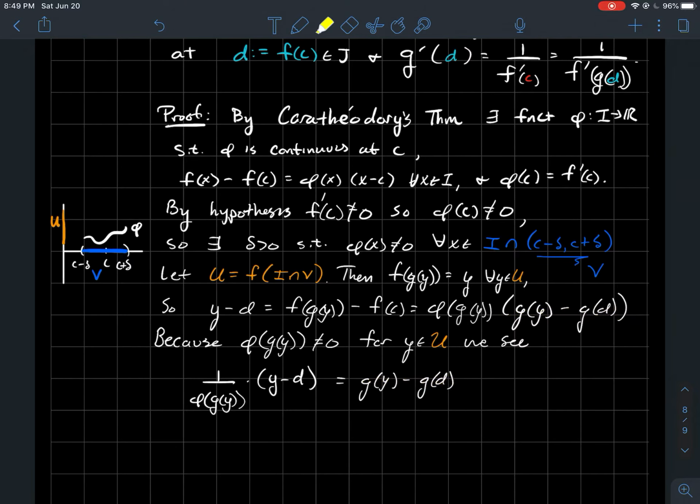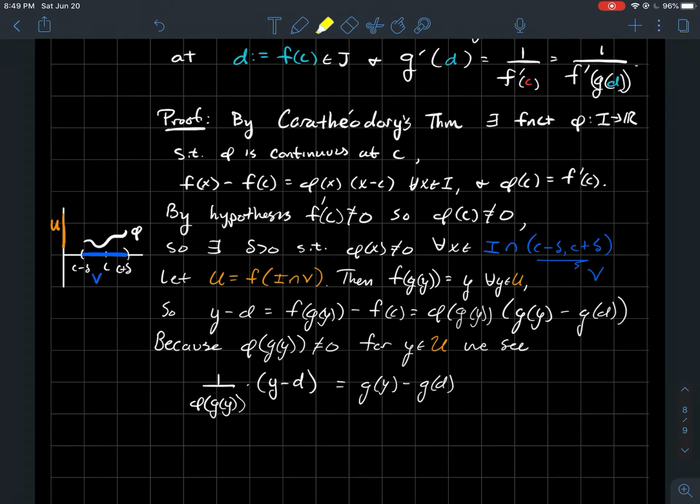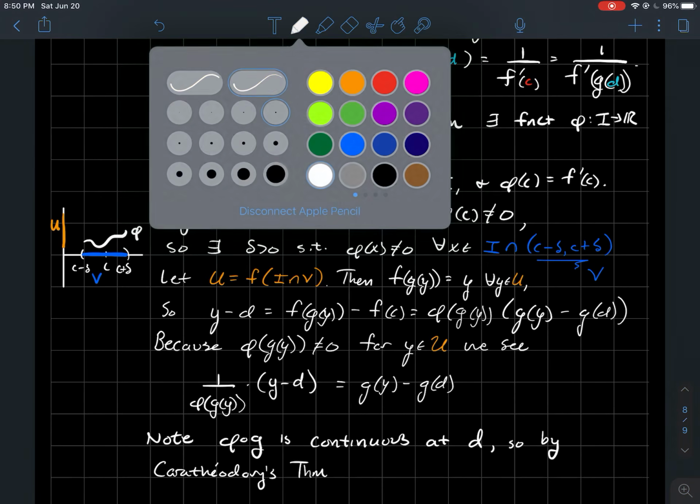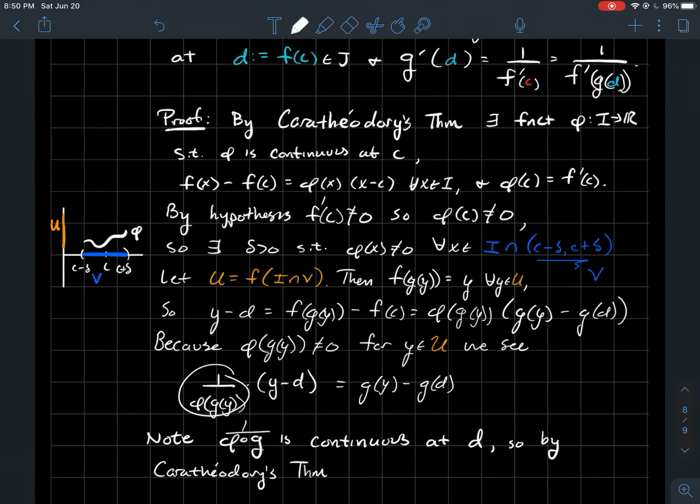And why is that cool? Well, because that looks kind of like Caratheodory's theorem. I've got this function, phi composed with g. That's the composition of continuous functions, therefore it's continuous, and it's continuous at this point d. Oops, I made a typo, didn't I? 1 over, right? I'm looking at this one here. So that function's continuous.